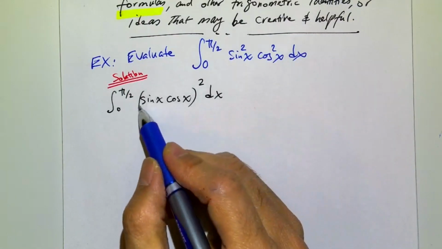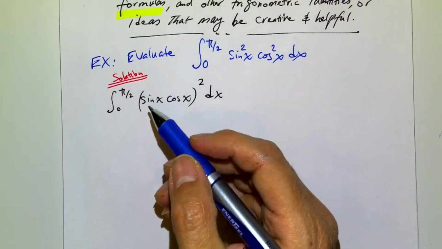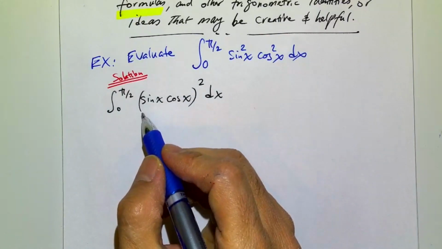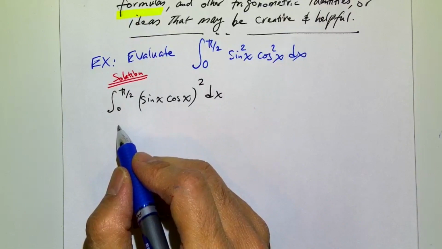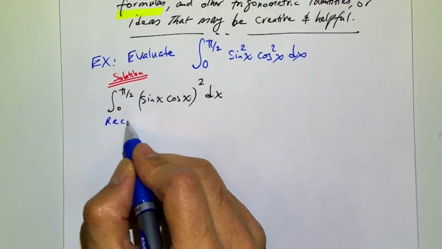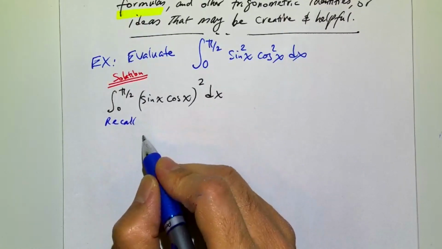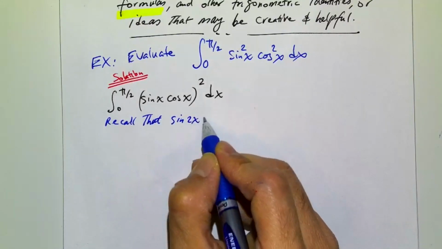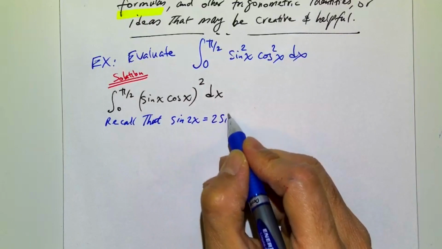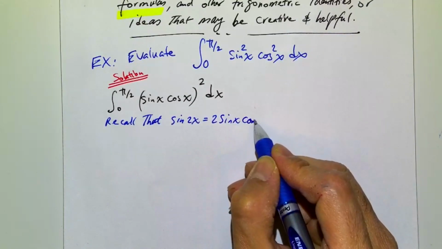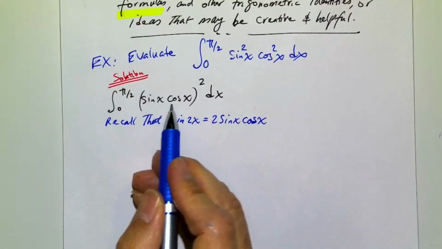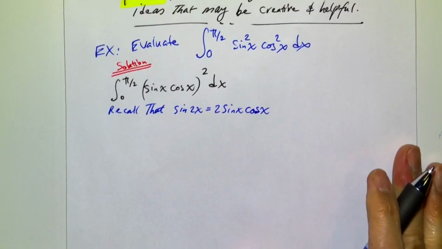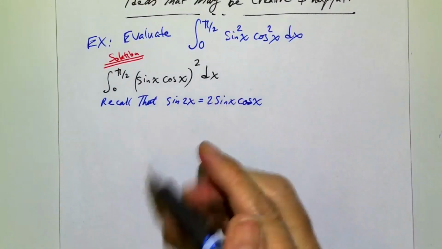We can add things as long as we take care to eliminate that same term that wasn't there before. So let's use that technique here. Recall that sine 2x is equal to 2 sine x cosine x. Compare that with this. Of course, this 2 is extra, but we can easily handle that. We can introduce it and then we delete it.